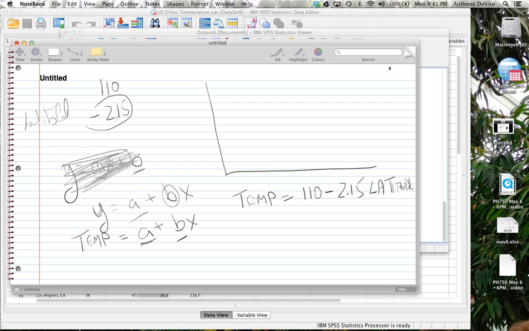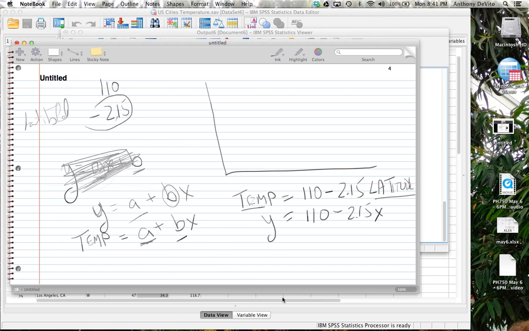This formula represents a straight line. Another way of writing it would be y equals 110 minus 2.15x, except we know that x is really our latitude and y is really our temperature.